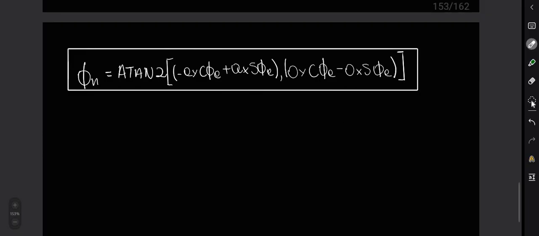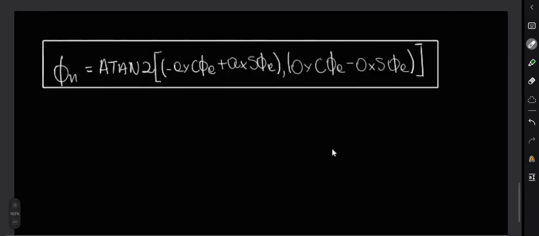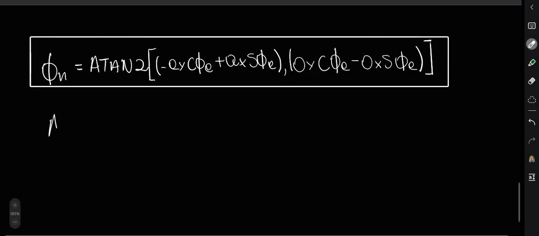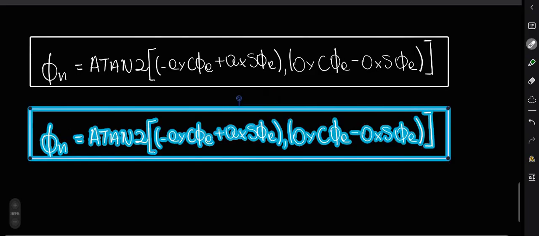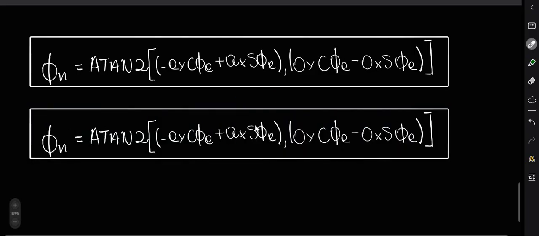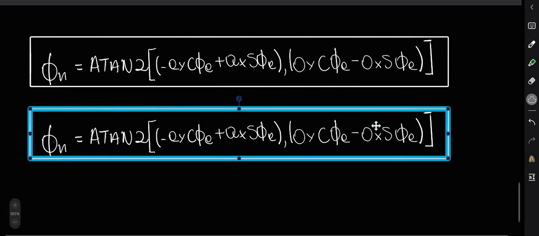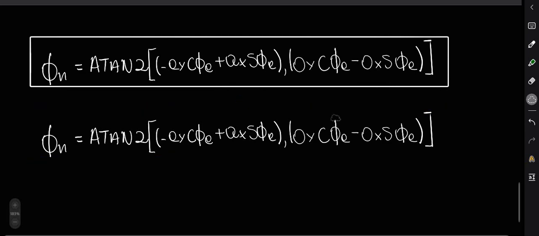Now we can solve for the phi angle. So, and that is huge, atan2. Let me just copy this. And now modifying.